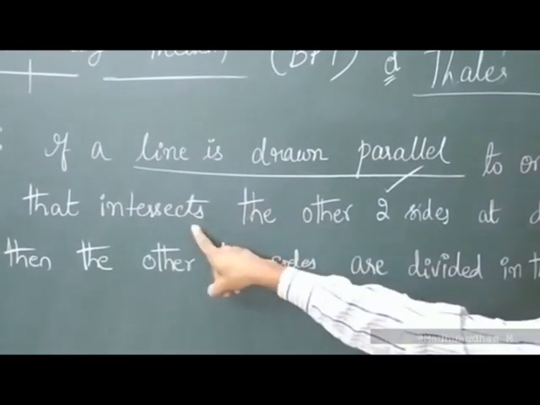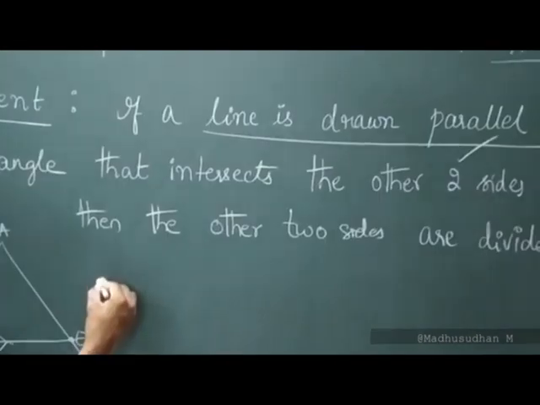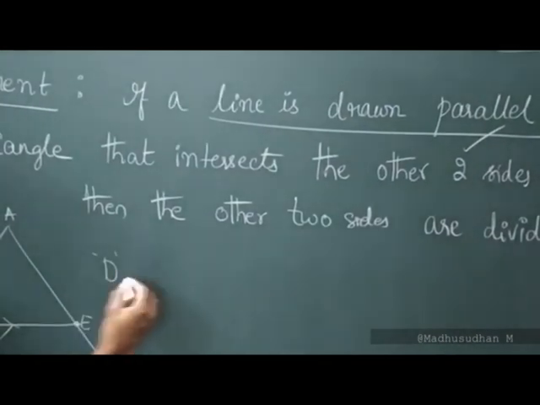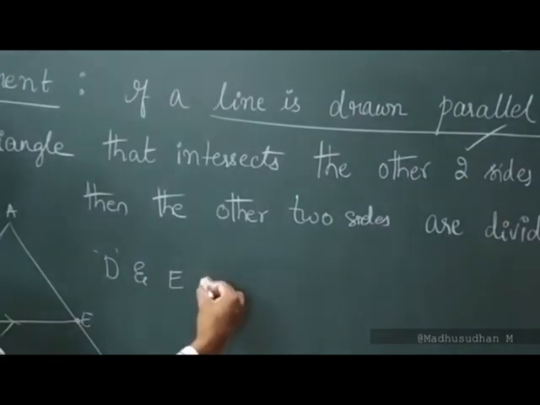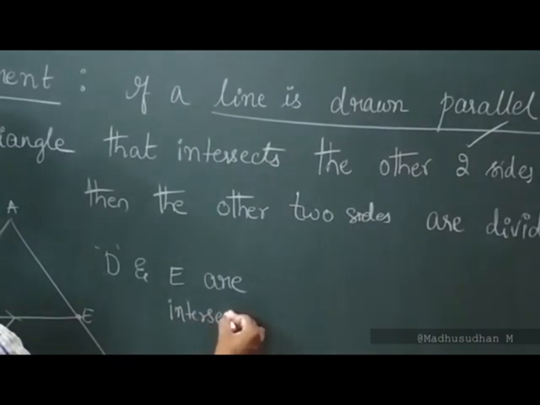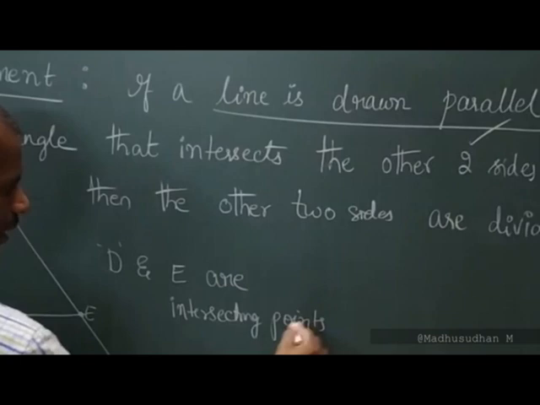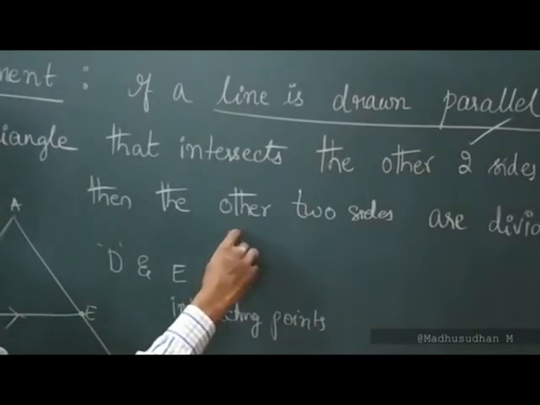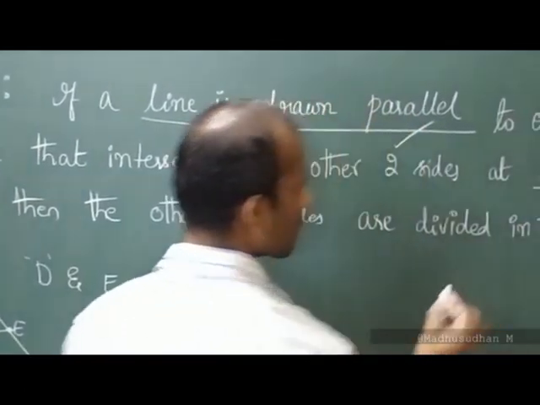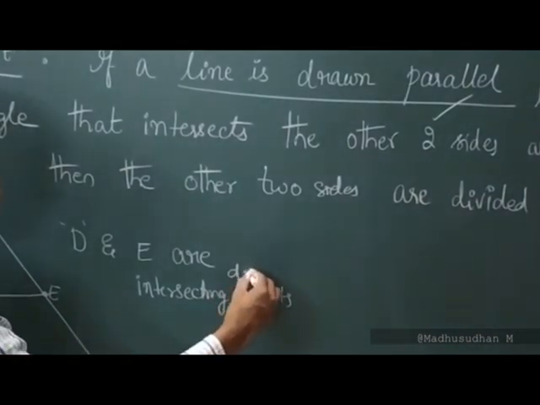So this is drawn intersecting the other two sides. Which are the intersecting points now? D and E are intersecting points, right? They have used the word distinct here. Distinct points. Which are the distinct intersecting points?